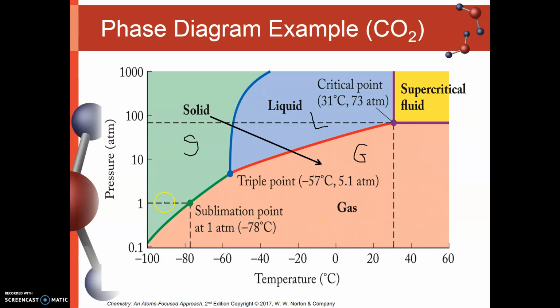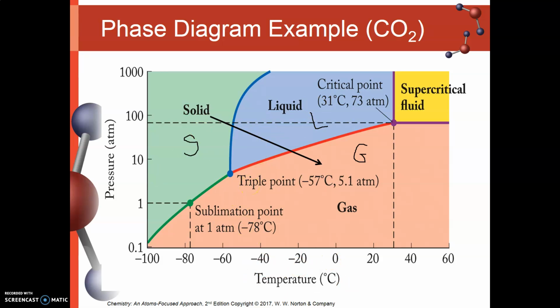So if I'm at 1 atmosphere of pressure, which is normal pressure, and room temperature, 20 degrees, I expect carbon dioxide to be in the gas phase. And if I'm at 1 atmosphere of pressure and negative 100 degrees, I expect carbon dioxide to be in the solid phase. So that's what this is really going after: giving direction between the pressure of a substance and its temperature and what phase it's going to be in.